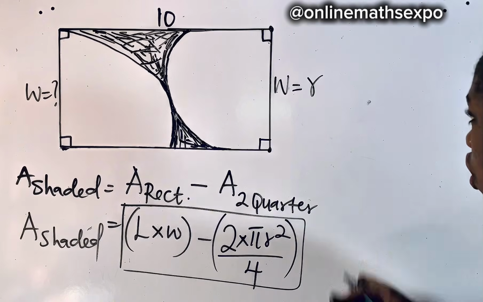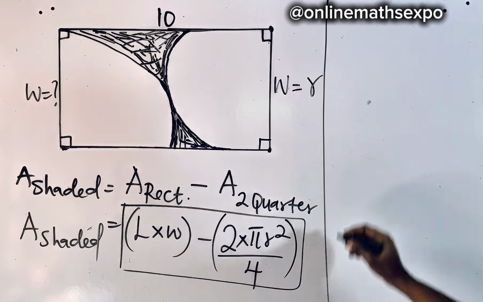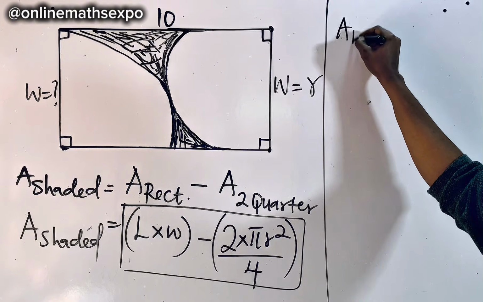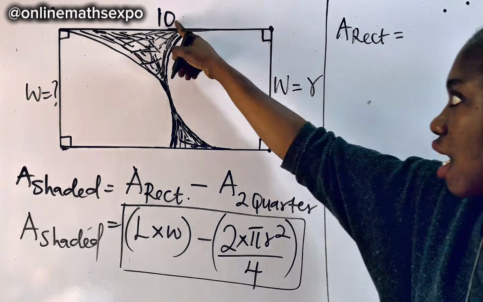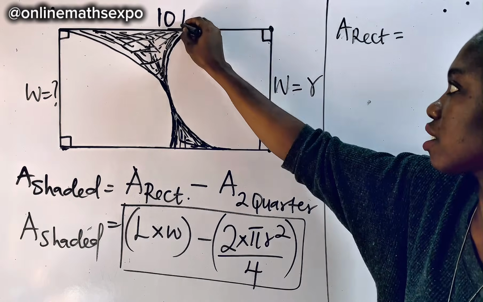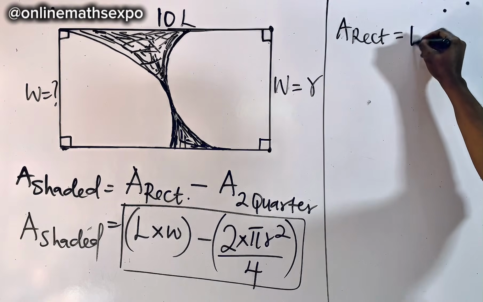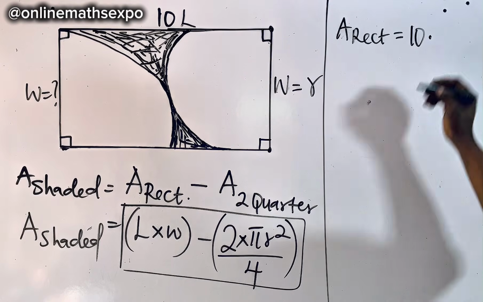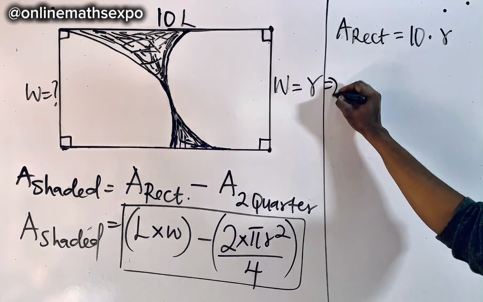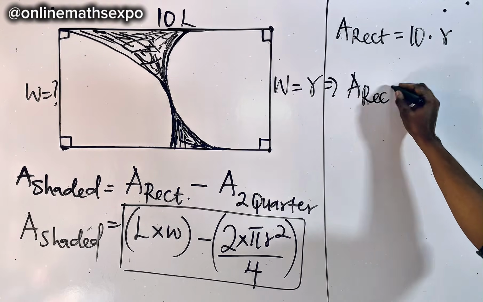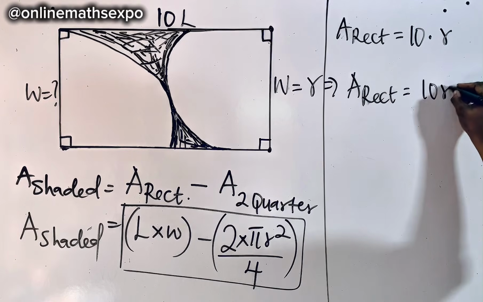So to find the area of the rectangle, the length is 10, so it's going to be 10 multiplied by our width, which is the radius. If you multiply that, the area of our rectangle gives us 10r.